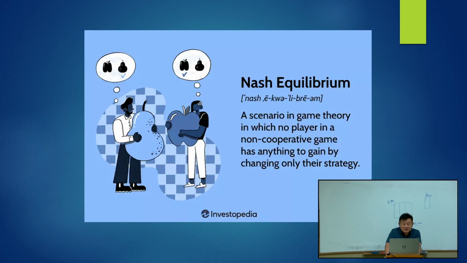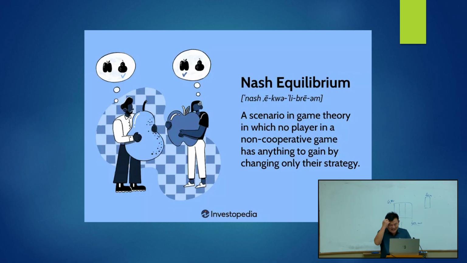The picture shows the man on the left gets the pear but thinks about the pear, and the woman on the right keeps the apples but thinks only about the apples. So this is Nash equilibrium. The scenario is that no player gains by changing, and equilibrium is reached there.